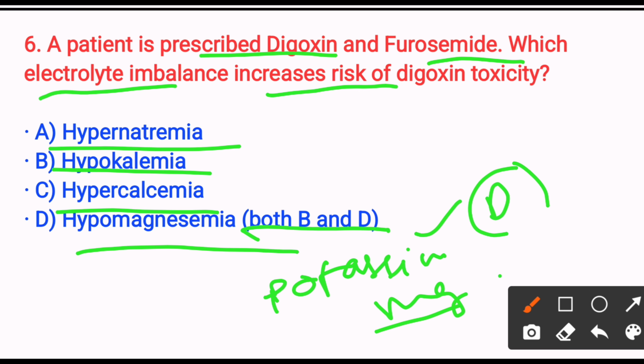Hypokalemia and hypomagnesemia increase the myocardial sensitivity to digoxin, potentiating toxicity like arrhythmias, nausea, yellow vision. So the answer will be both B and D, hypokalemia and hypomagnesemia.